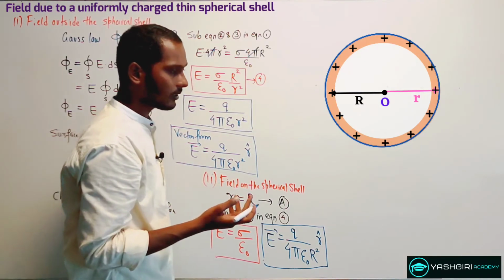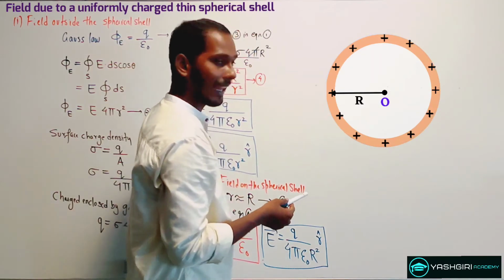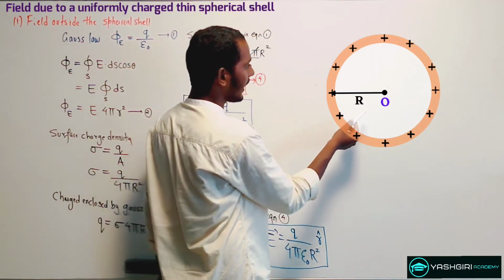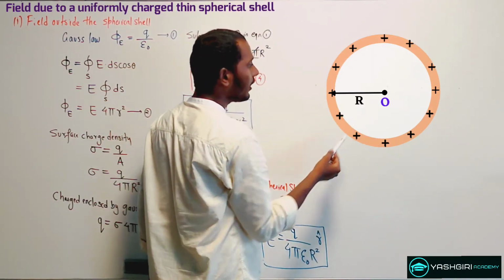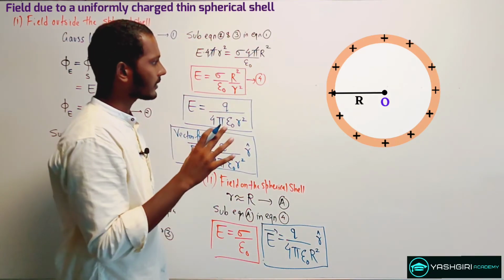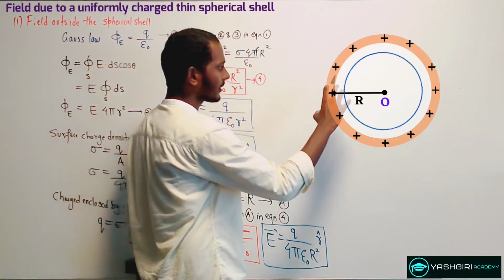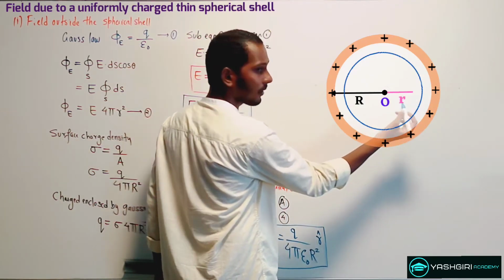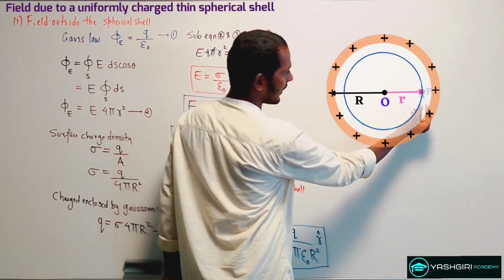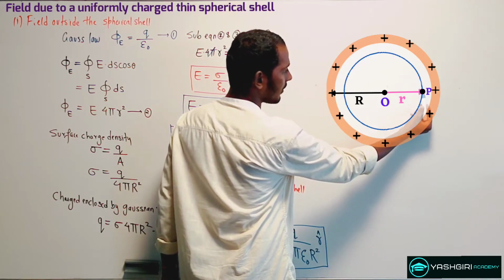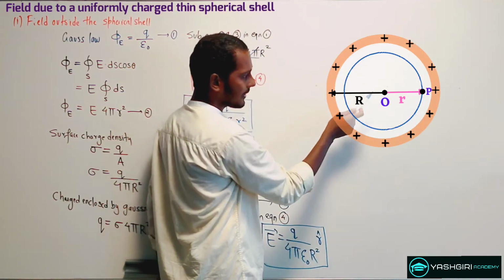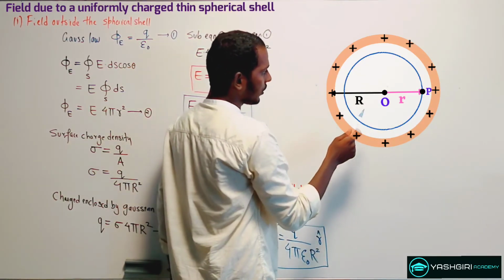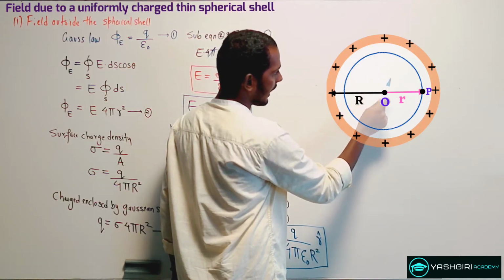Now a third case, let's try to calculate what will be the field inside this thin spherical shell. So here let me take this Gaussian surface inside this thin spherical shell. Here let us consider one point. Let this be the point P where I'm interested in measuring the electric field, which is inside the spherical shell. So this is the Gaussian surface that I have drawn.